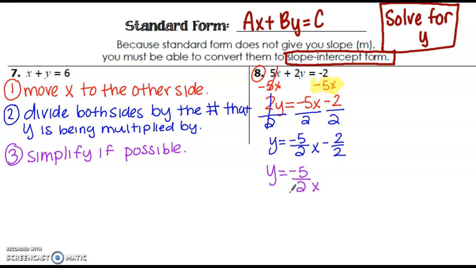There's no number that can go into 5 and 2 as well. So I'm going to leave that alone, but there's negative 2 divided by 2. That's going to be a 1. So our answer is y is equal to negative 5 over 2x minus 1. Let's move on to number 10.